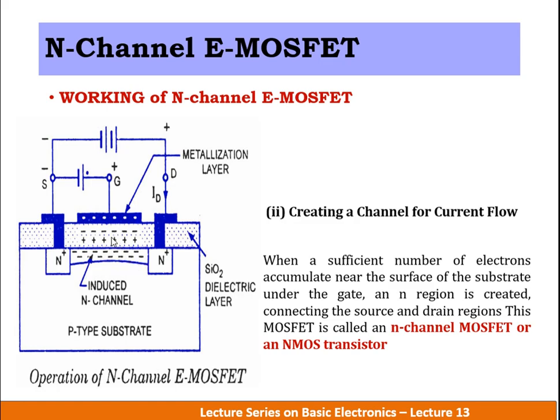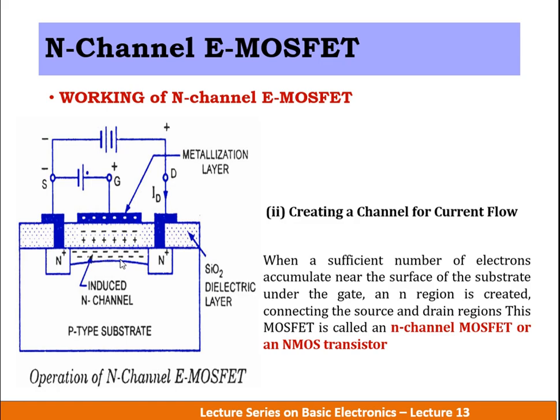No doubt they are not going to cross the SiO2 layer, because this SiO2 layer is an insulating region. So all the electrons, which are the minority carriers in the P type substrate, get accumulated near the gate region, and this forms a channel.